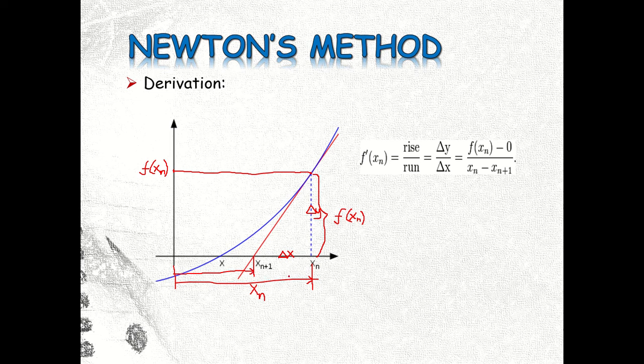So to find the difference, delta x is just x sub n minus x sub n plus 1.